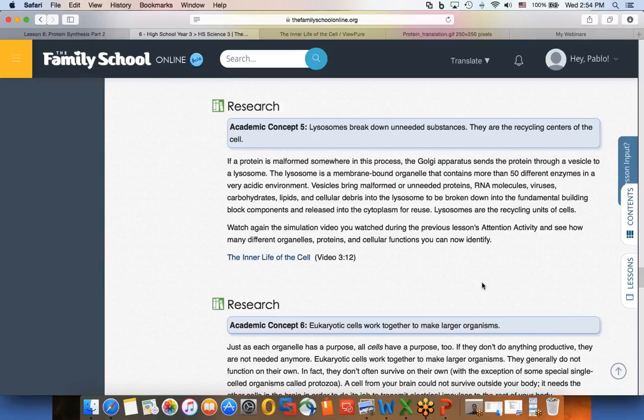Okay, and then the amino acids are released back into the cytosol and reused to make a good protein, something that works.